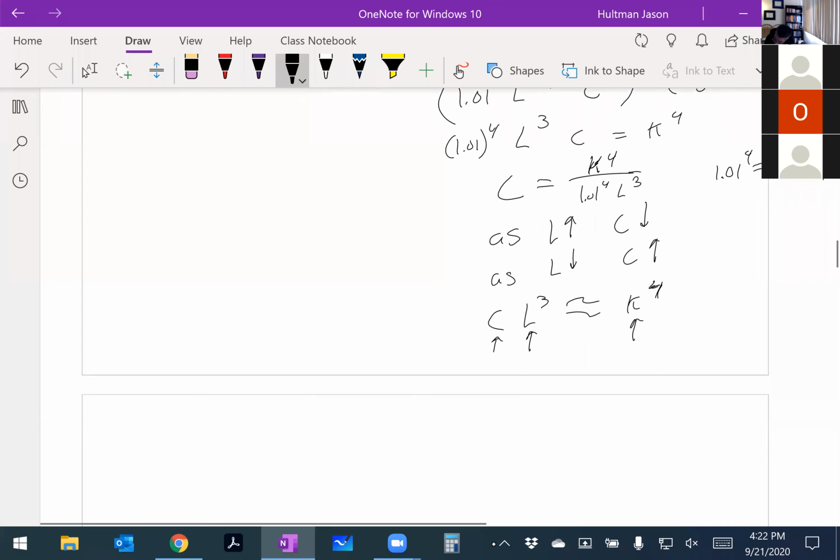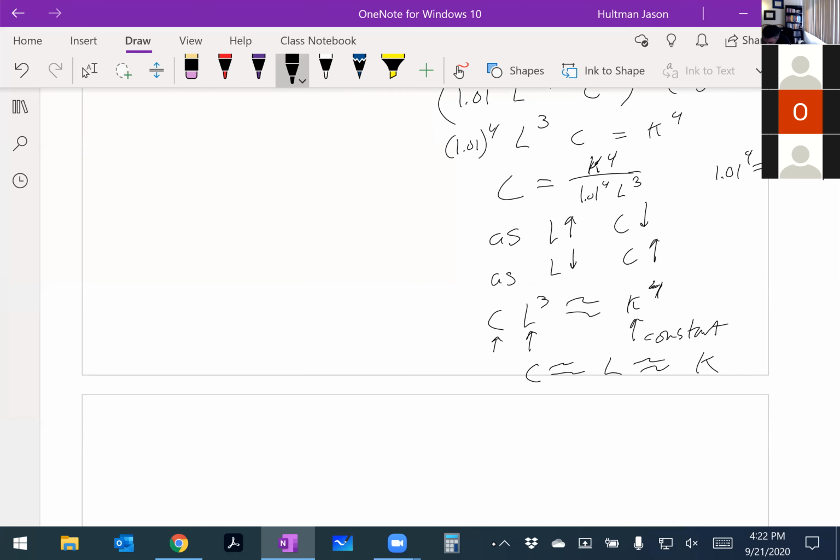And so when does that relationship hold? Well, this relationship holds only when, again, this is a constant. You have to think of this as a constant, right? That's not moving. But this relationship holds when C is approximately equal to L, which is approximately equal to K. So when all these are approximately equal, then this relationship holds.